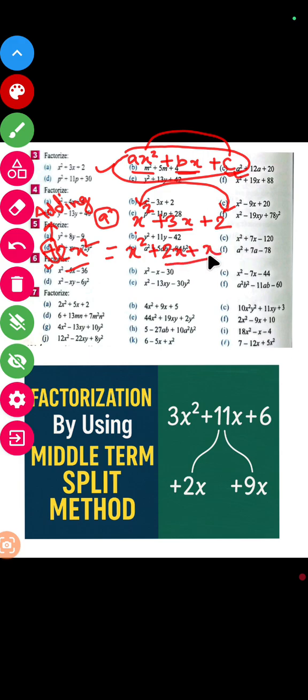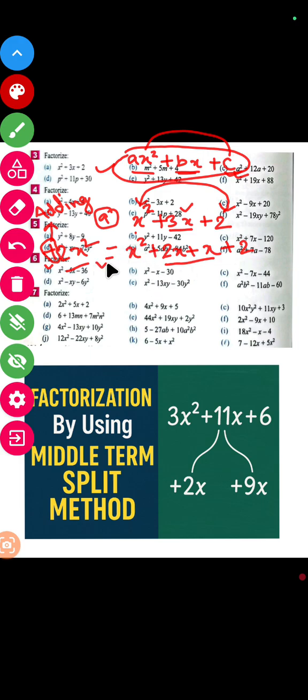By adding it comes 3x, and by multiplying 2x and x, you get plus 2x square. So the middle term I have split, in which by adding it is coming 3x, and by multiplying, first into last term, it is coming plus 2x square. It means we have split in the correct way. Now the last term I am going to write down the same.